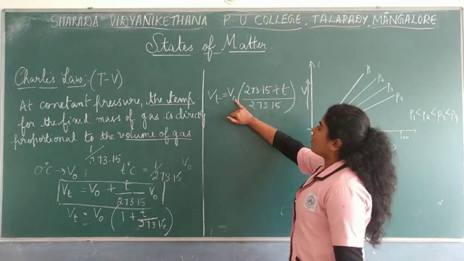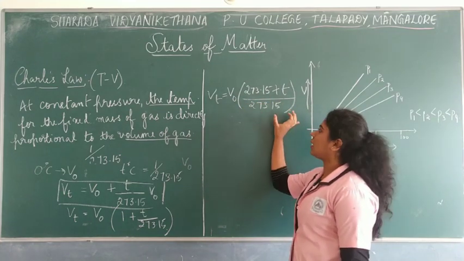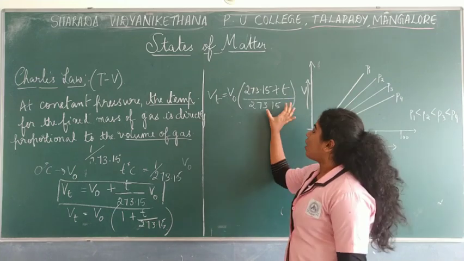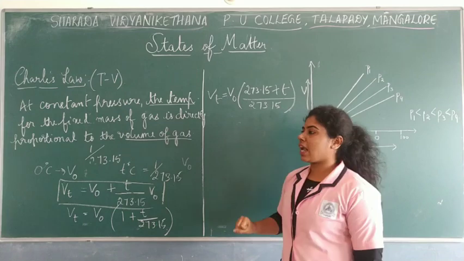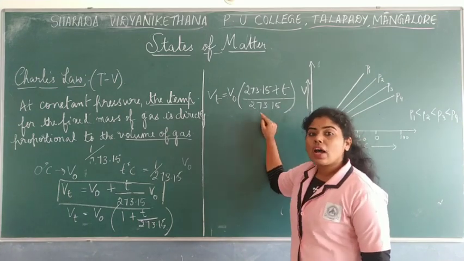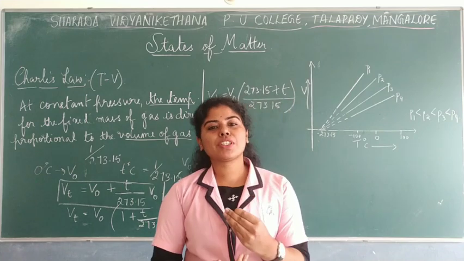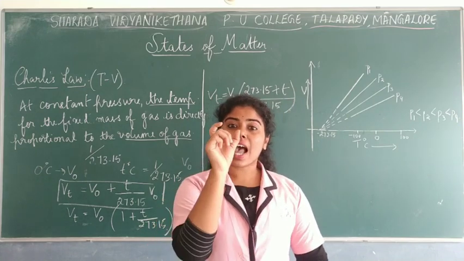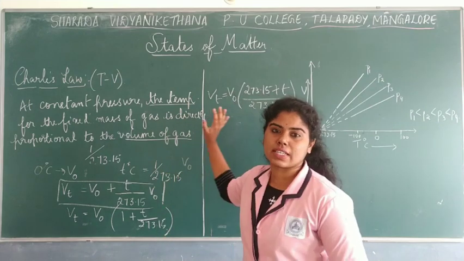So here V naught into 273.15 plus T divided by 273.15 is given. From this expression we have got the Kelvin scale of temperature, which is also called the absolute scale of temperature. That's the absolute value which you take in order to measure the temperature of these gases.